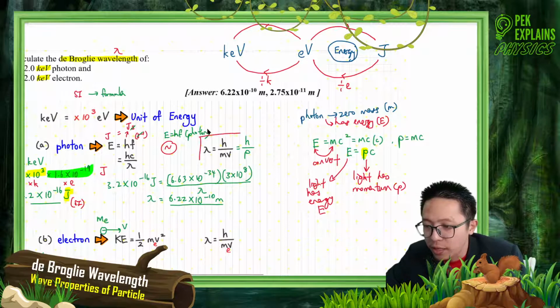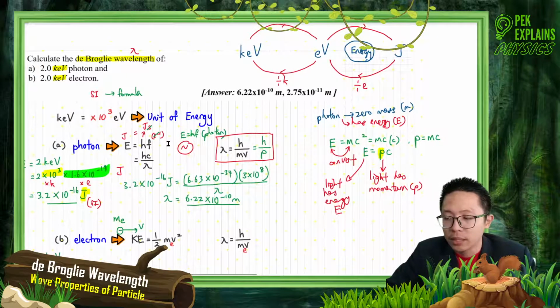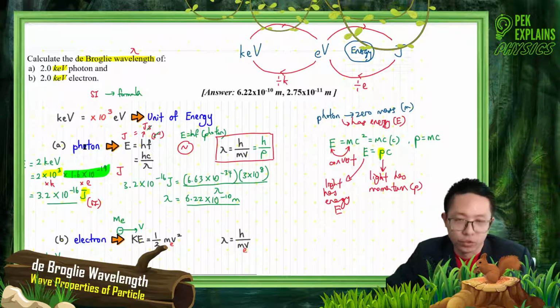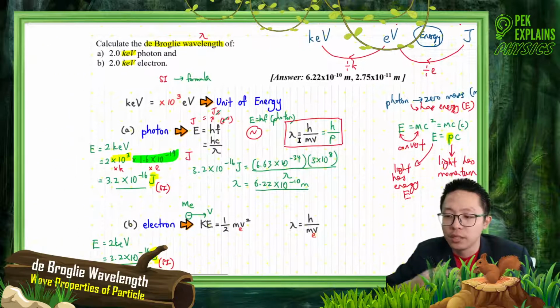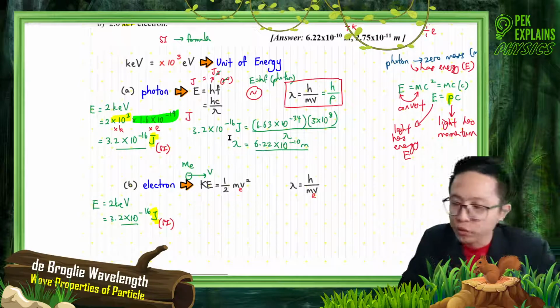You can use this formula to find the momentum of the photon, or to find the wavelength of the photon. But in this question it is not used, because we just use E equal to hc over lambda, which is enough. Okay, now let us move on to the electron.